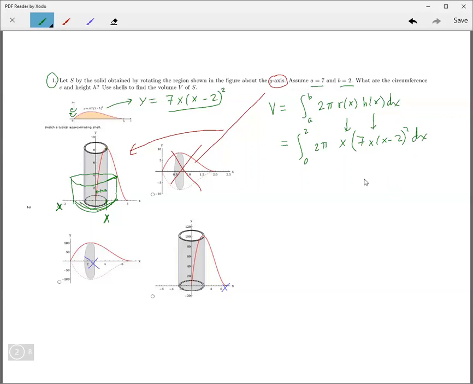So we're looking at 2 pi times 7. That's going to be 14 pi, and that can come out because there's no x's in it. You have an x times x, that's x squared.